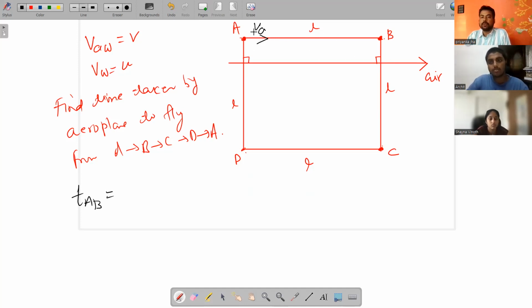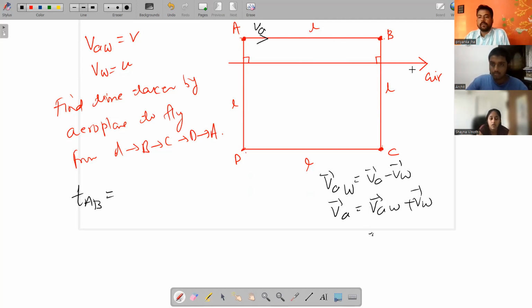So the net velocity of this aeroplane: the velocity of the aeroplane with respect to wind is the velocity of the aeroplane minus the velocity of wind. So the velocity of the aeroplane is the velocity of the aeroplane with respect to wind plus the velocity of wind.